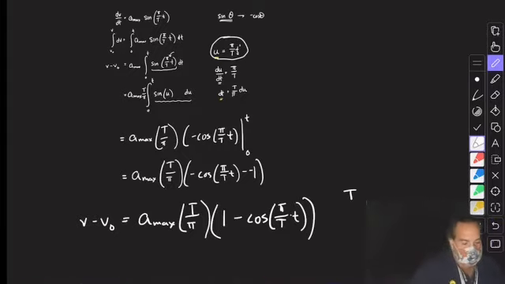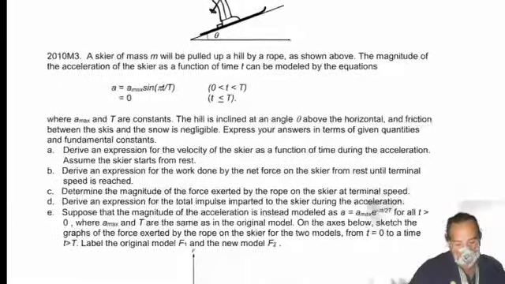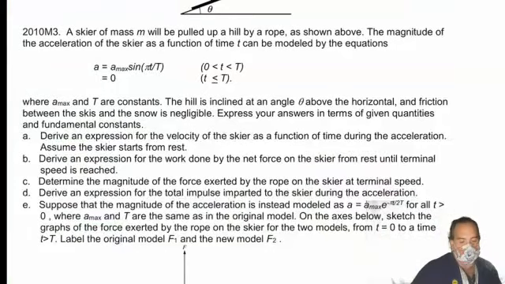And then you have to go on to part B, which says derive an expression for the work done by the net force on the skier from rest until terminal speed is reached. Now, that sounds like a lot more work until you realize part B has a word in it.